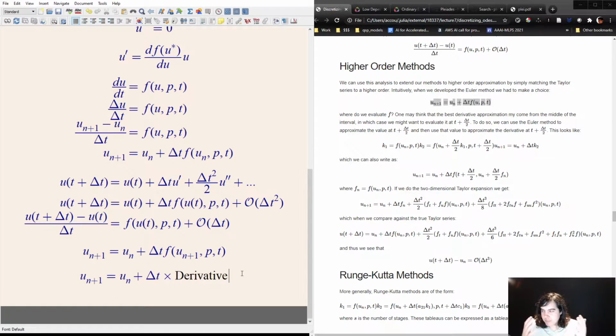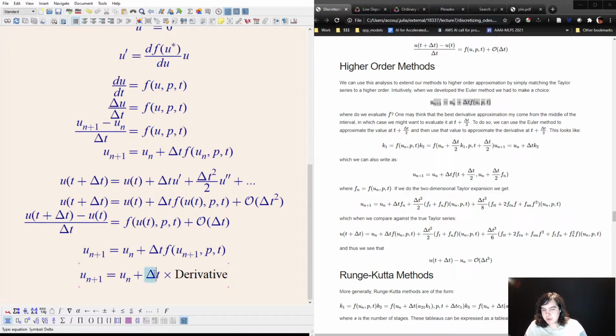The first order approximation for how you should move forward is you take your current derivative value, and you move forward by delta t by your derivative, du/dt. You multiply by delta t, that tells you how much you moved in the delta t step. You take your speed, you multiply it by the amount of time. That's the amount of distance that was changed. So you then update your distance by how much your distance changed. That's essentially what Euler's formula is doing.